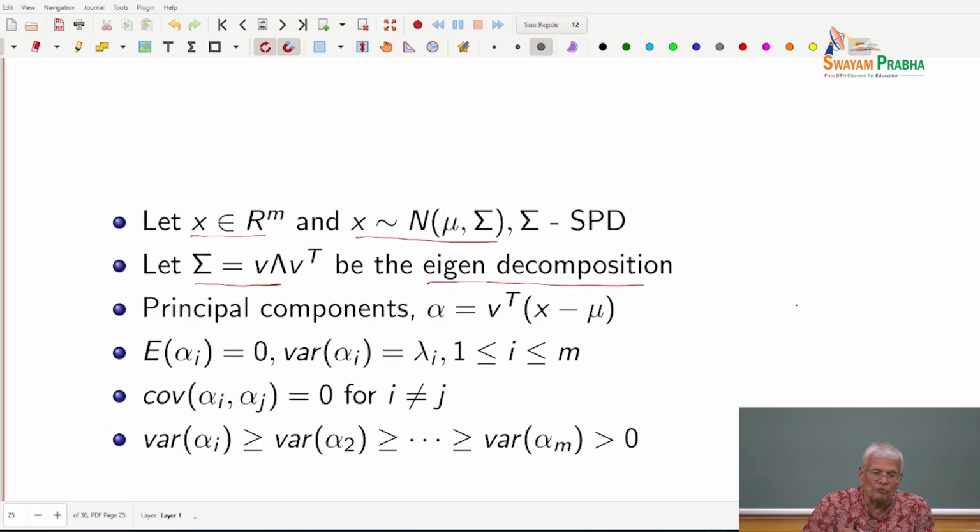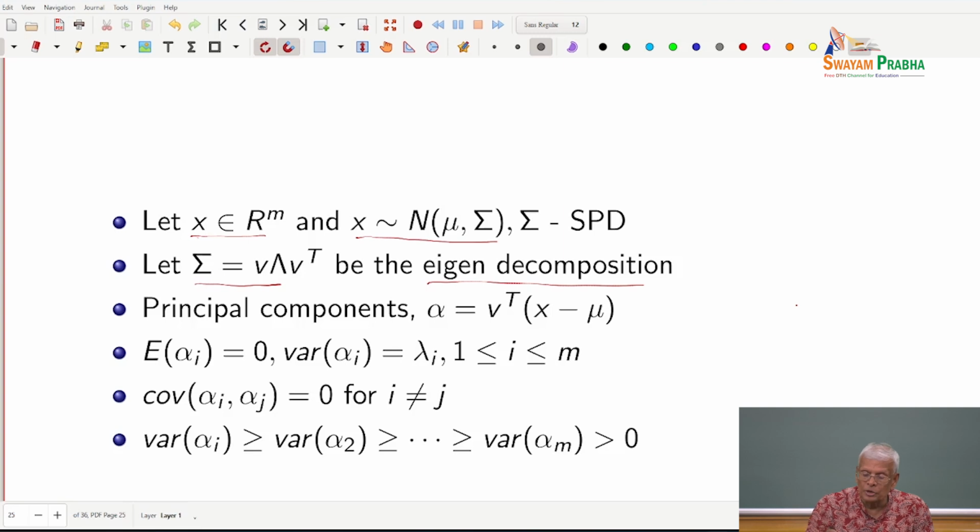We already know V is the matrix of eigenvectors of sigma. Lambda is a diagonal matrix of eigenvalues of sigma. The first column of V corresponds to the maximum eigenvalue, the second column to the second maximum, and so on.